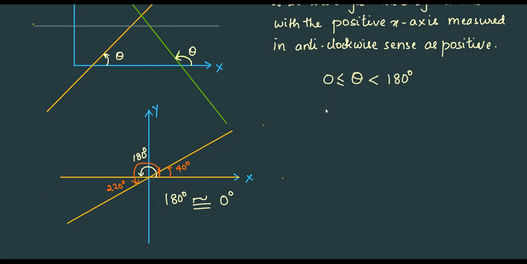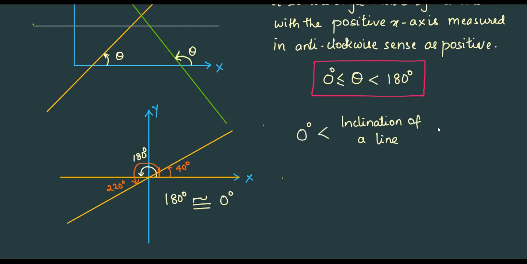That is the reason why the basic value of inclination will always be between 0 and 180. So the inclination of a line with the x-axis always lies between 0 degrees and 180 degrees.